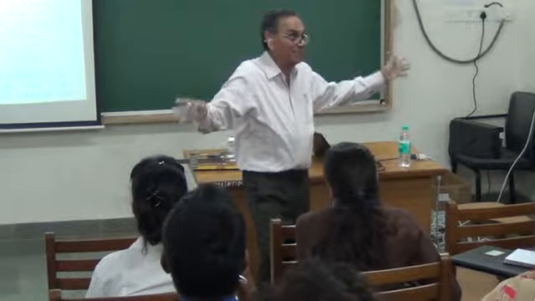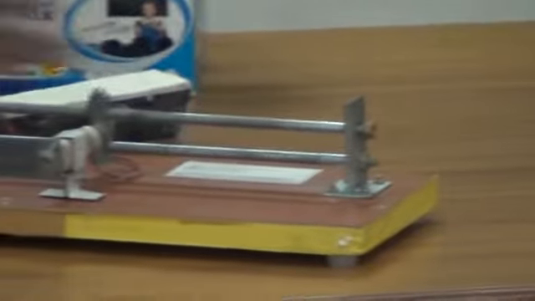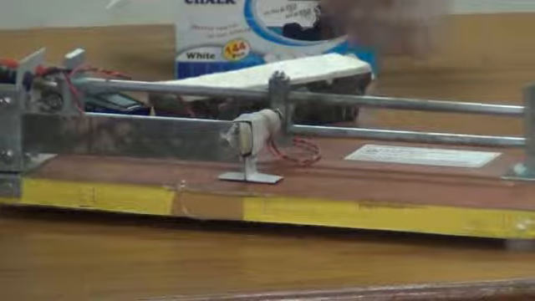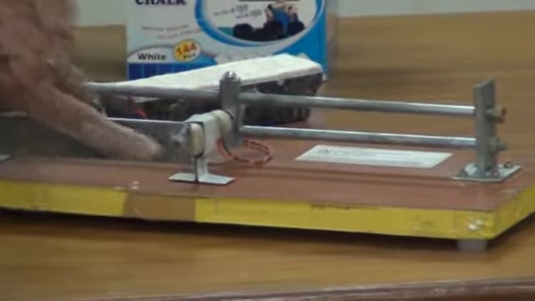To force it, I have a small magnet at this end, and this is an electromagnet. There is an iron, and at that there is a coil. This can be loosened and moved along the bar, so that when you change the length, you can move it so that it comes across the magnet.